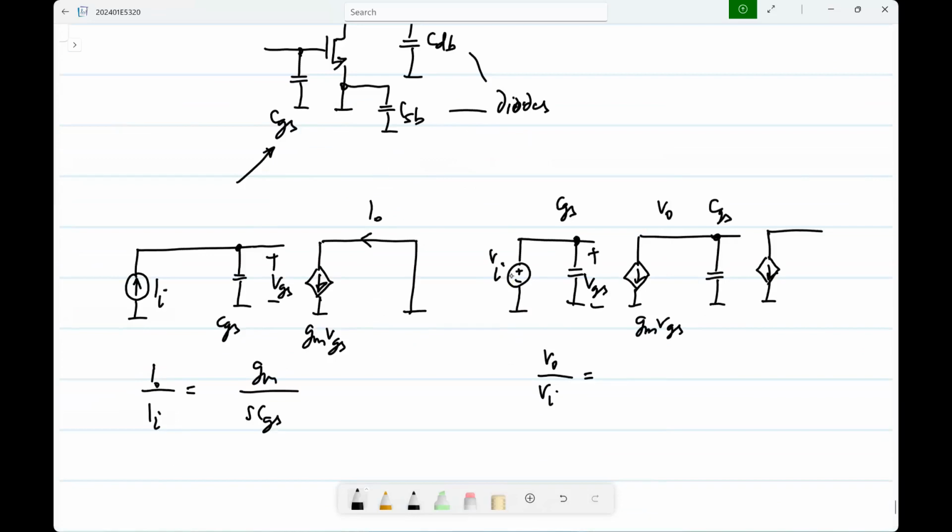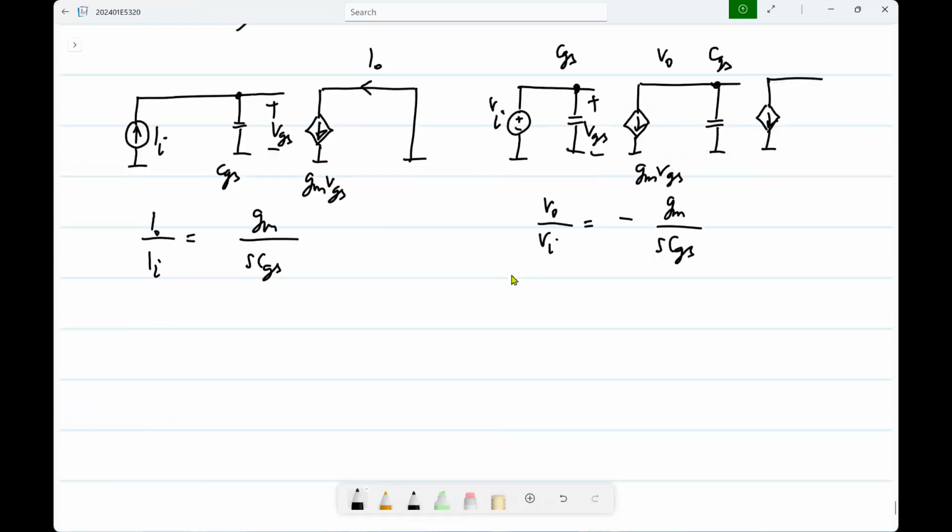What is V naught by Vi? It's just minus Gm by S CGS. So the magnitudes are the same for the two. If you plot the Bode plot of either one, what do you get?